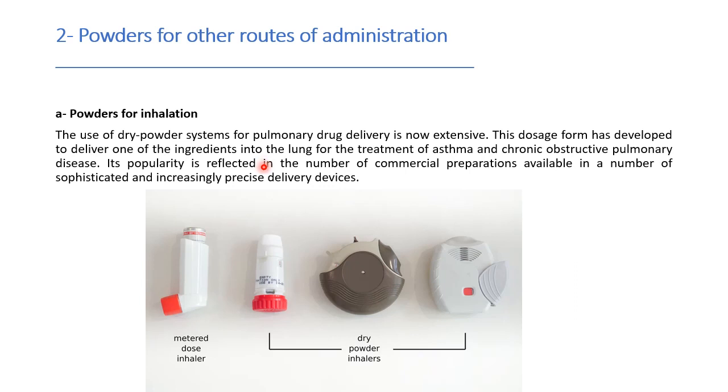Its popularity is reflected in the number of commercial preparations available in a number of sophisticated and increasingly precise delivery devices. These are examples of devices that are available in the market to deliver powders in the form of inhaled powders.